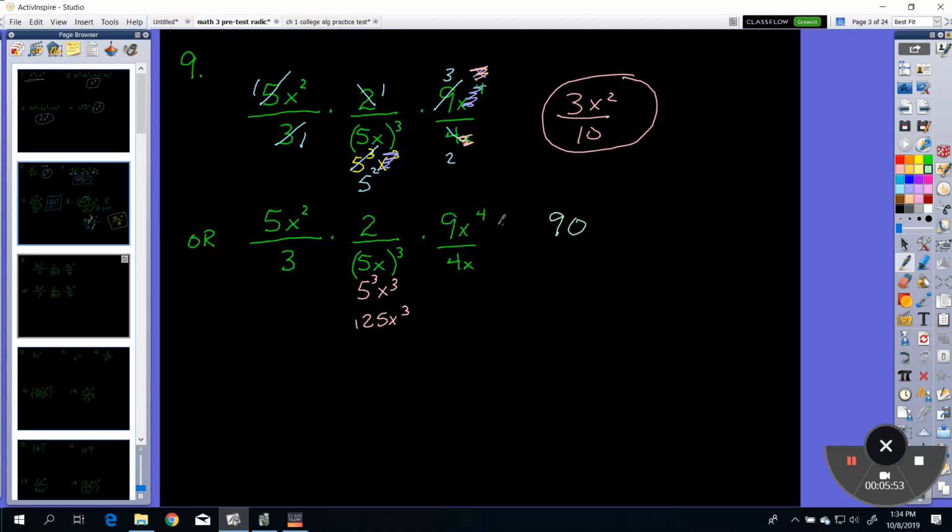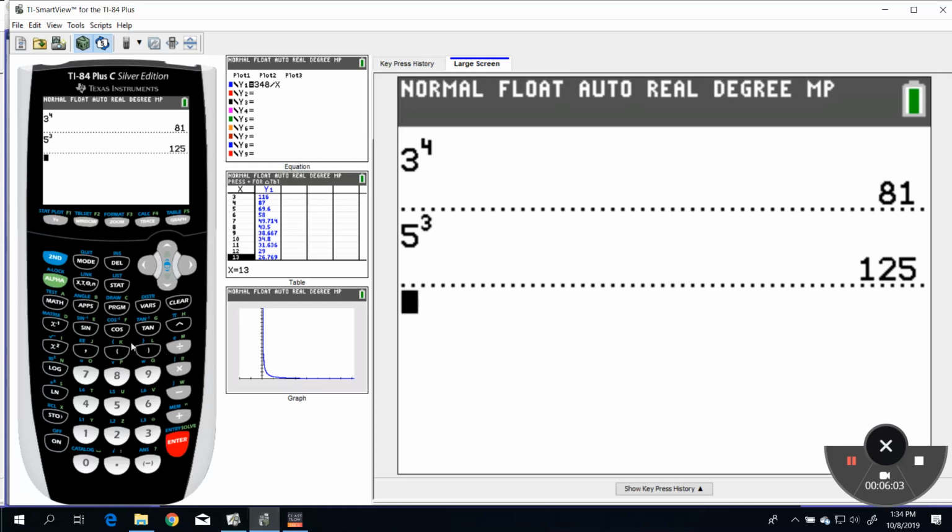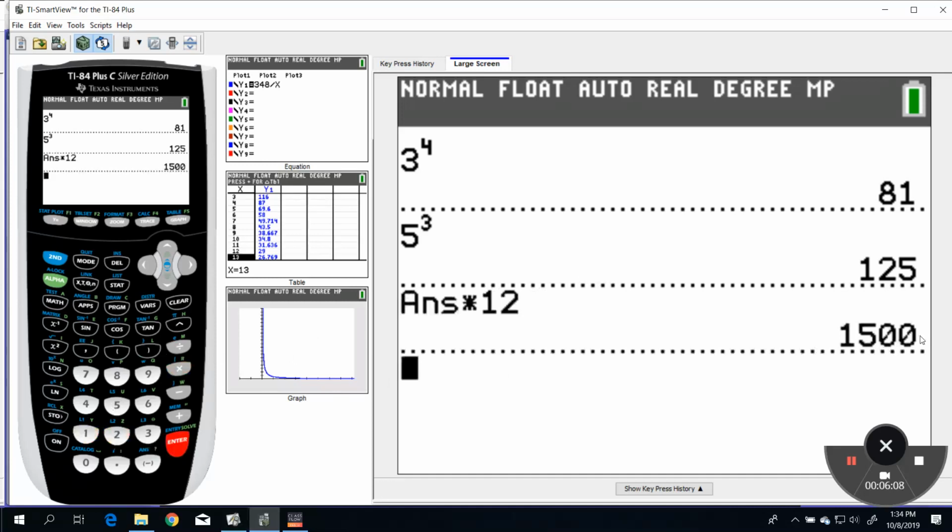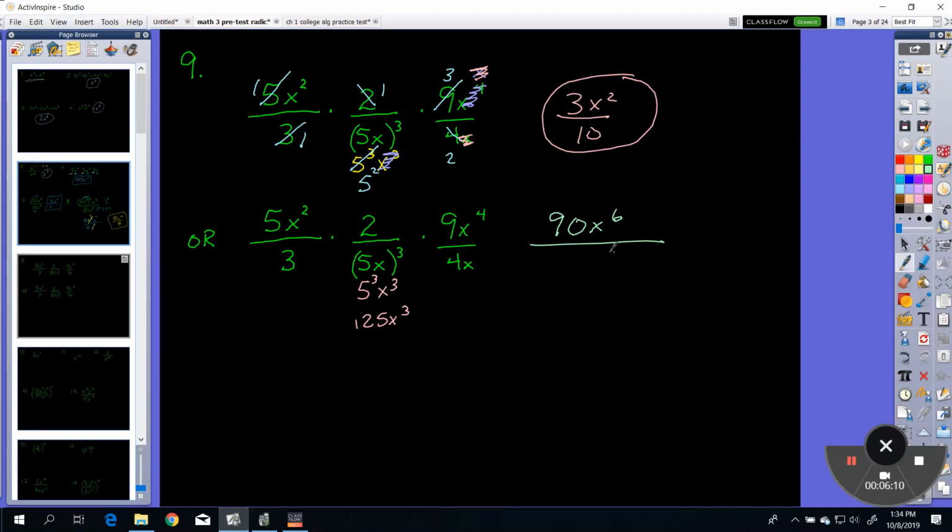X squared next to the fourth makes x to the sixth. Down on the bottom, I have 3 times 4, which is 12, times 125. So I have 125 times 12, 1,500. So this is 1,500. X cubed and x makes x to the fourth.